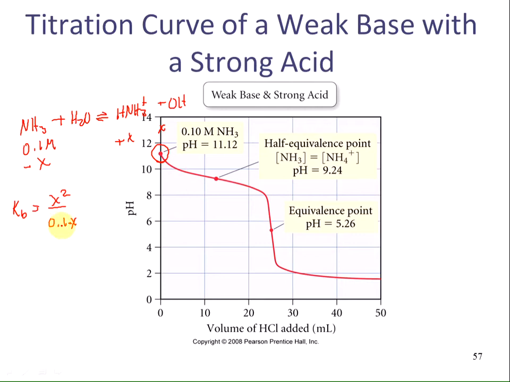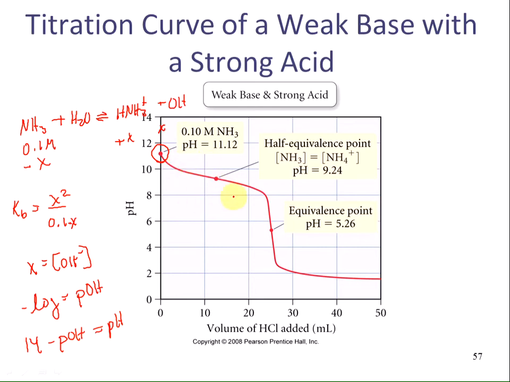And the x value is the hydroxide ion concentration. If I take the negative log of that, I get my pOH, and 14 minus the pOH gives me my pH. But once we get in the buffer region.